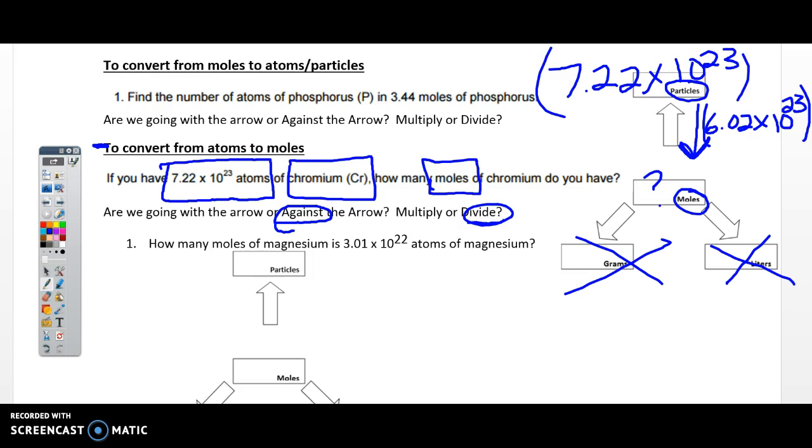Okay, when you do this, you get 1.19933. They just round it off to one decimal point. It would just be 1.2 moles.